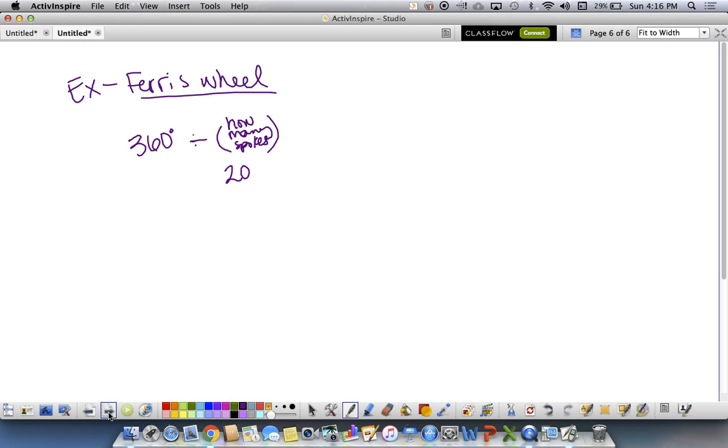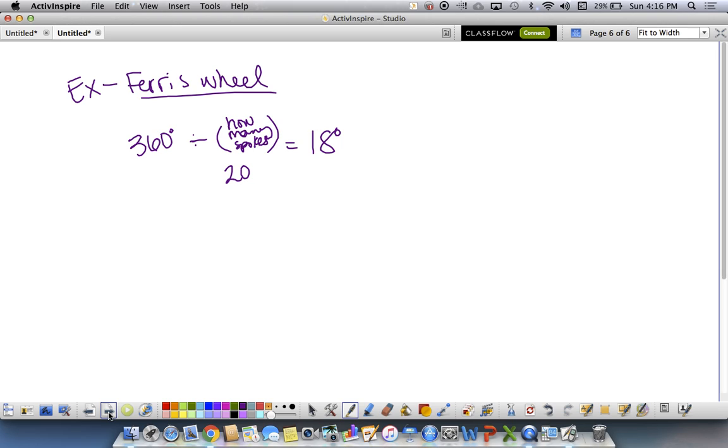So they take 360 divided by 20, and there's 18 degrees between each of the spokes or each of the baskets. Then you count from M to M prime, and there are 7 baskets wide. So 18 times 7 is 126 degrees. The Ferris wheel must rotate 126 degrees for a seat positioned at M to move to M prime.